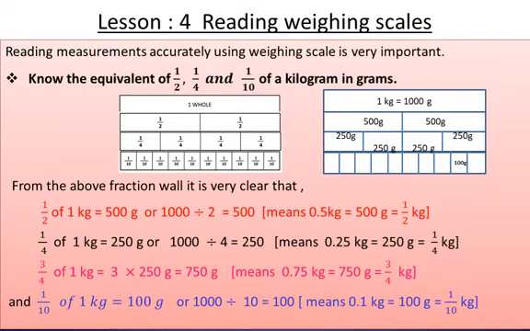What is 1000 by 10? 100. So each 1/10 means 100 gram. What is 0.1 kilogram? It means 100 gram, which is equal to 1 by 10 kg.